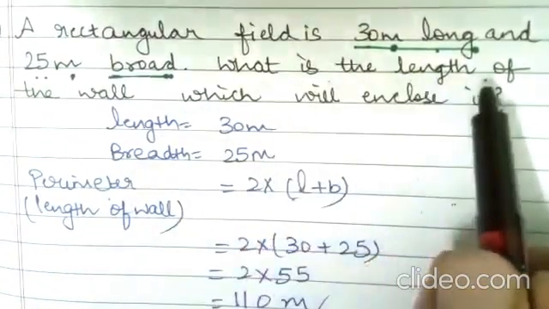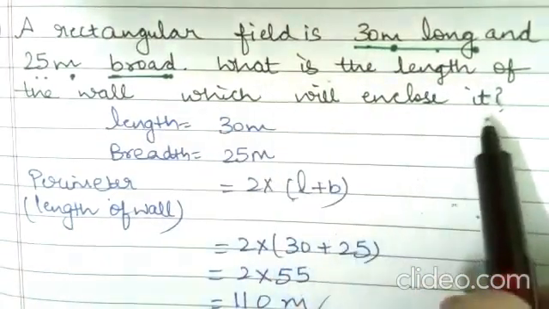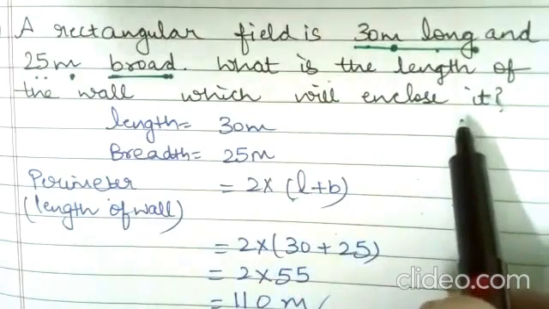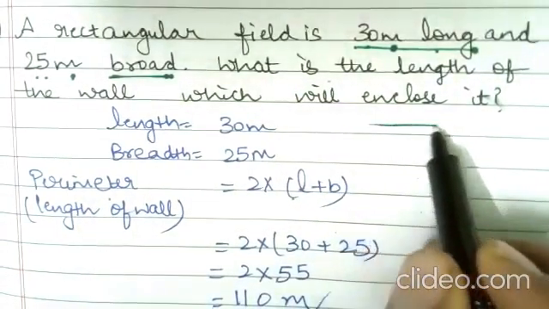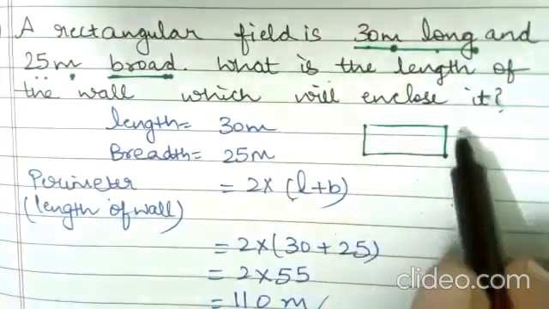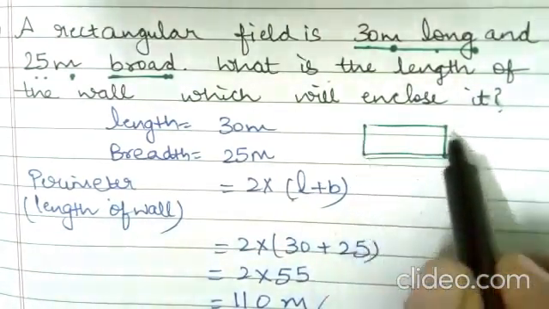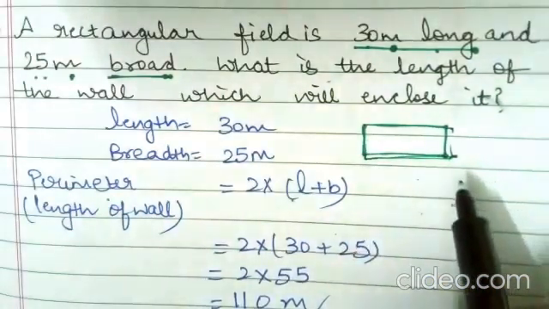What is the length of the wall which will enclose it? Means we have to find the total length of the wall. So what we will do? We will find its perimeter.